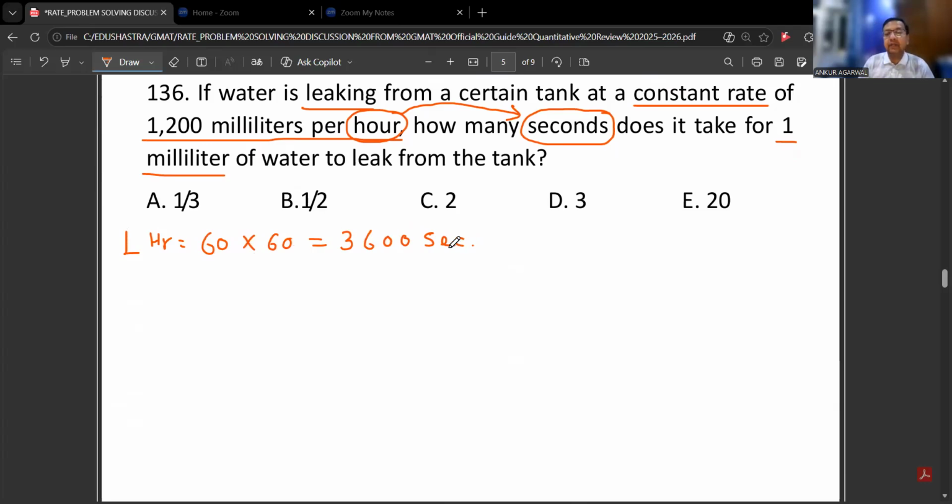And now I have to take what? 1 milliliter, right? So for 1 milliliter, what do I calculate? Quickly, give me some clue.